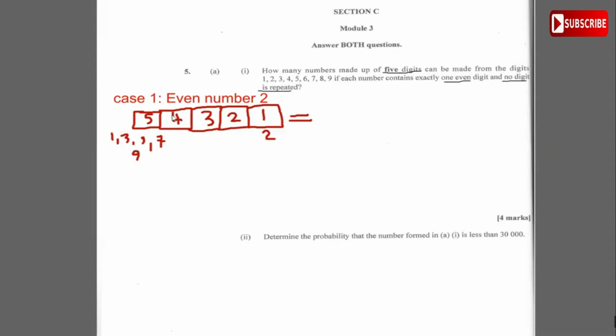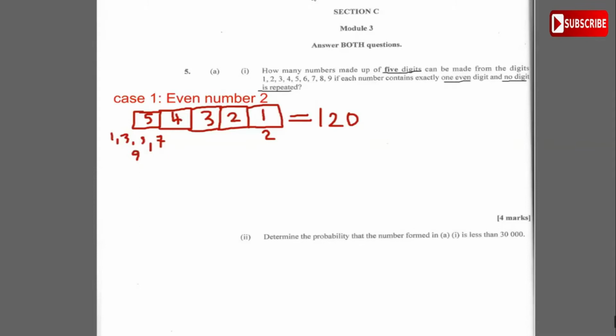Yeah, that's 120. So there are 120 ways we can choose the number 2 with 4 other digits. All right, nice. Now let's look at case 2.